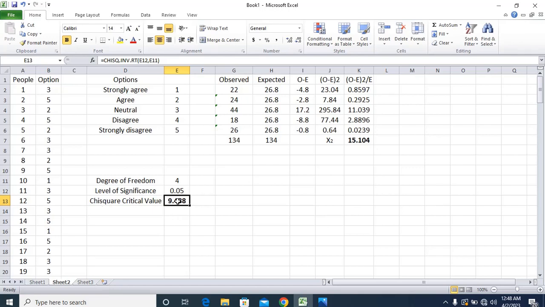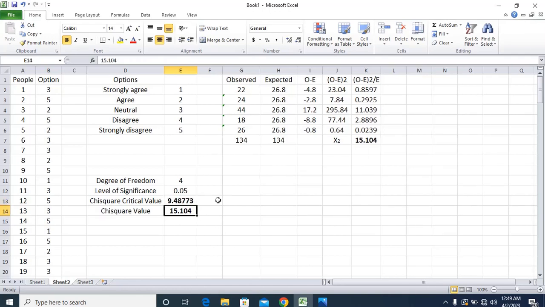In this case, the null hypothesis is rejected because the chi-square value which we have got, that is 15.104, is more than the critical value. You can see that the chi-square value is greater than the critical value, so the null hypothesis is rejected and the alternative hypothesis is accepted.